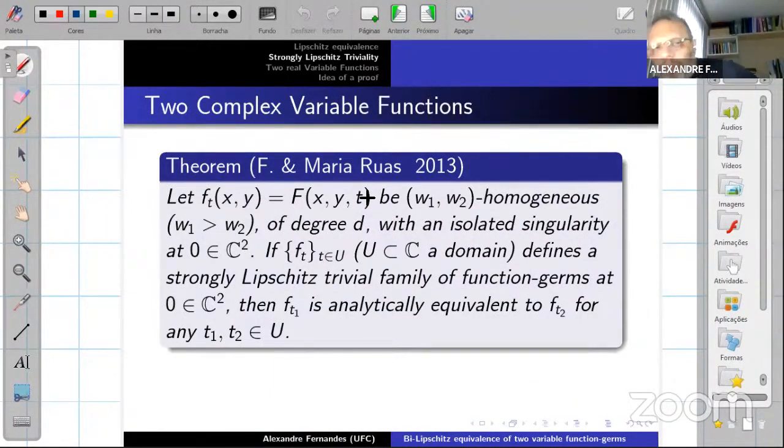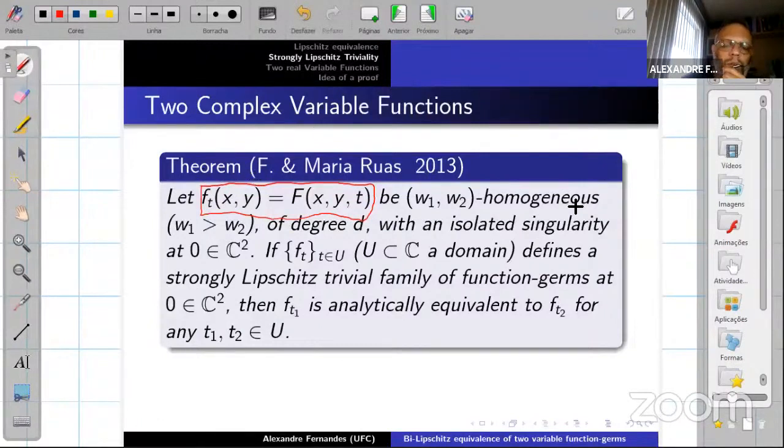So in order to see how far our Lipschitz equivalence is from the analytical one, we started to investigate such a problem with Professor Maria Ruas, and we arrived at these results. Suppose you have a family of functions of two complex variables which are weighted homogeneous.